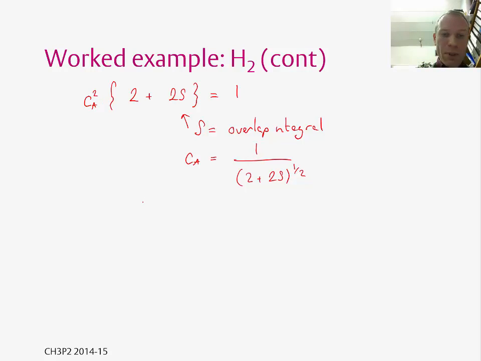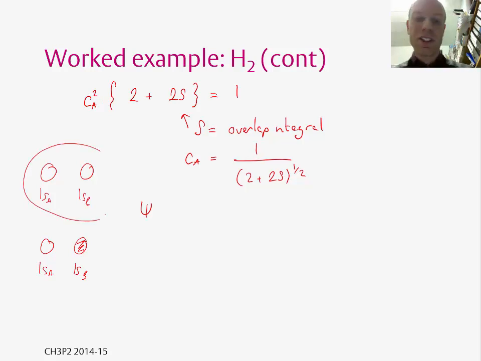We know that our bonding orbital, because we've looked at the example where the orbital on 1sa is in phase with the orbital 1sb, so they're the same colour. The out of phase one would have been 1sa minus 1sb, and that one's coloured in. But we're looking at this one here with the plus. So we can write here psi plus, and this can also be written using a symmetry term, psi g, for gerade. I'll come back to that later on.